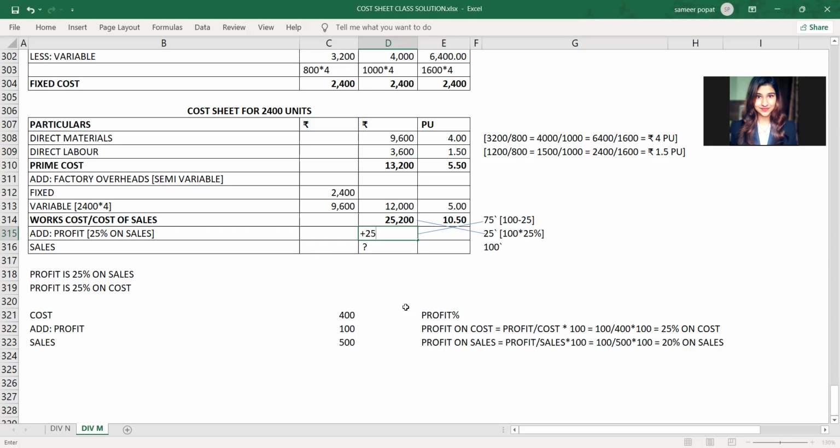So 25,200 into 100 divided by 75 would be the amount of sales. And here, I made a mistake. It should be 25,200 into 25 divided by 75. That will be your amount of profit, and 25,200 into 100 divided by 75 would be the amount of sales.